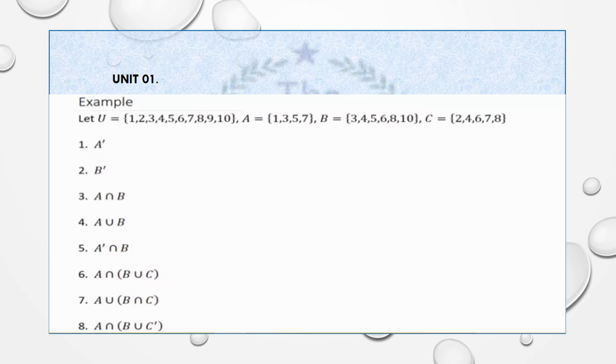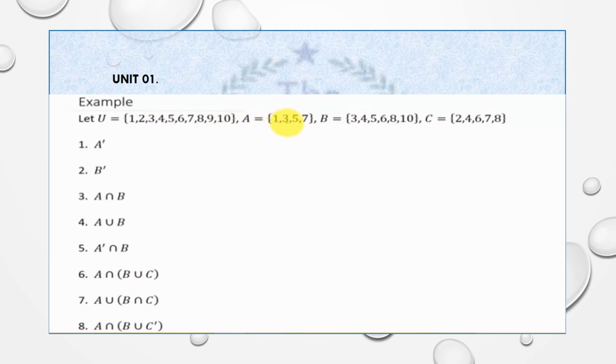Let's look at this. We want to find the complement of A. Here we have the universal set, which contains the numbers 1 through 10.